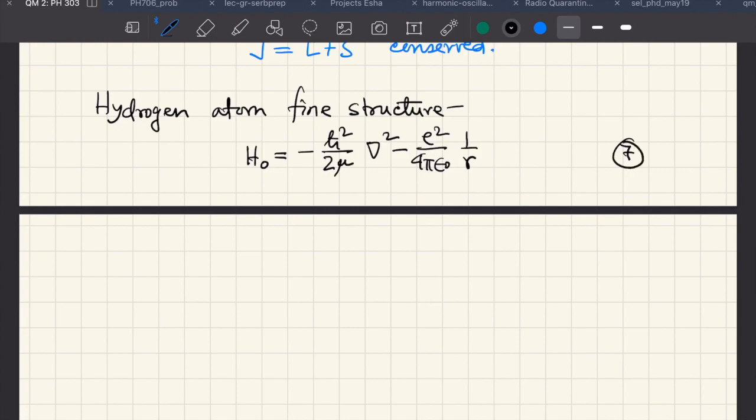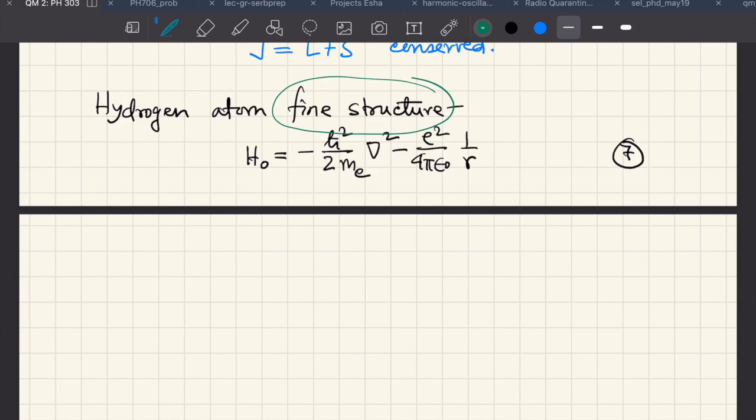So we have already seen how to correct for the motion of the nucleus. What did we do? We just simply replaced this mu by the mass of the electron. Now more significant is the so-called fine structure, which we have just mentioned here. What is this fine structure?